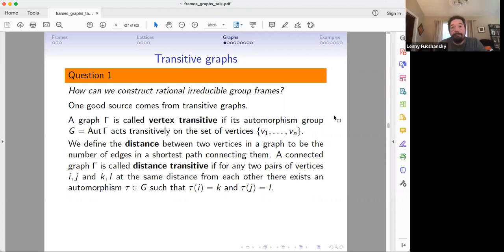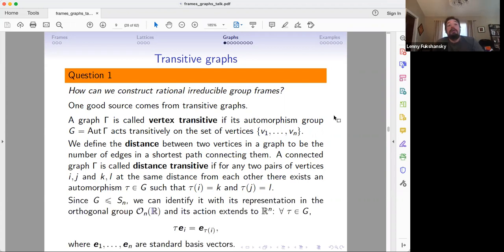Even vertex transitive is a pretty special condition, but luckily, as I will show you, there are plenty of examples of both vertex and even distance transitive graphs. So now, if G is my automorphism group of the graph, it's a subgroup of the symmetric group on n letters, where the letters are my vertices.